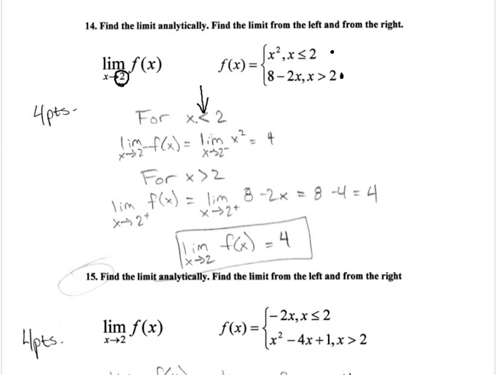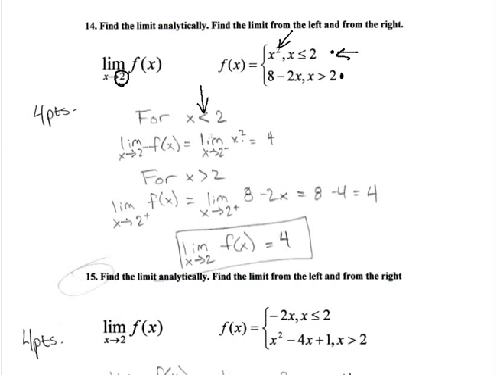Any value less than 2, say 1.99999, is still less than 2, so I'm going to use the top function. So the limit as x goes to 2 on the left of f of x is the same as the limit as we approach 2 on the left of x squared.